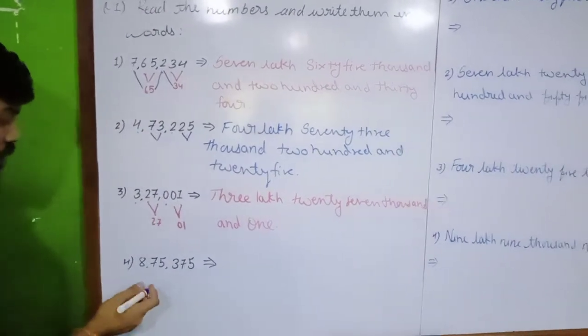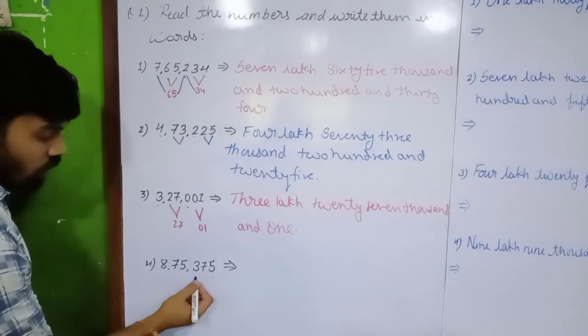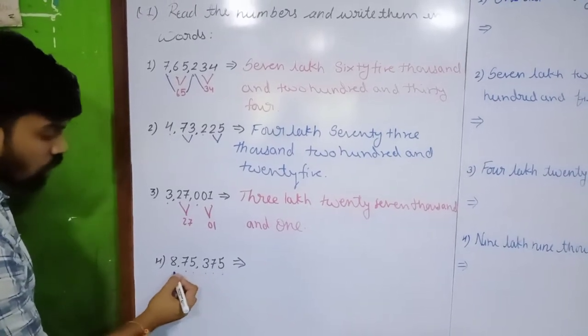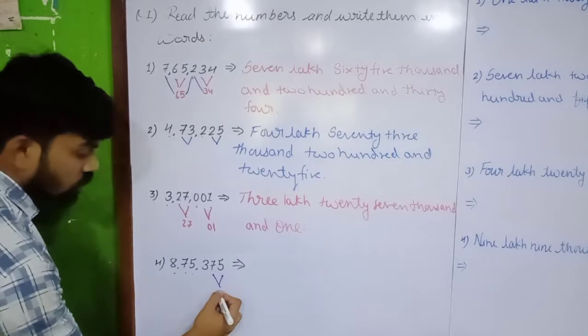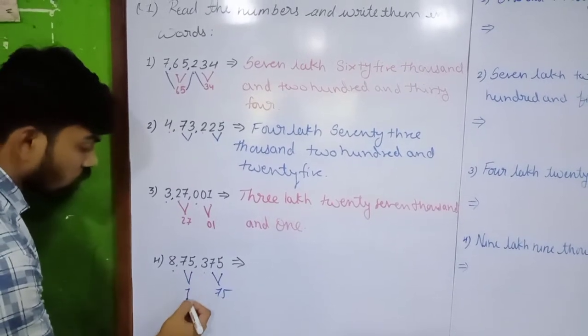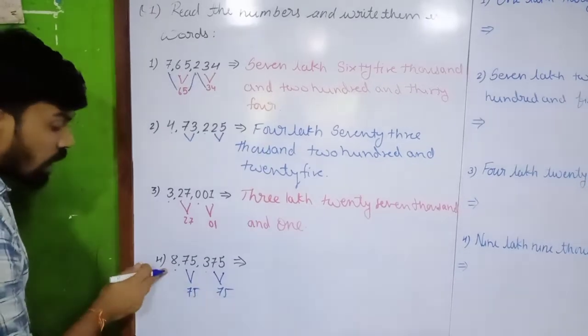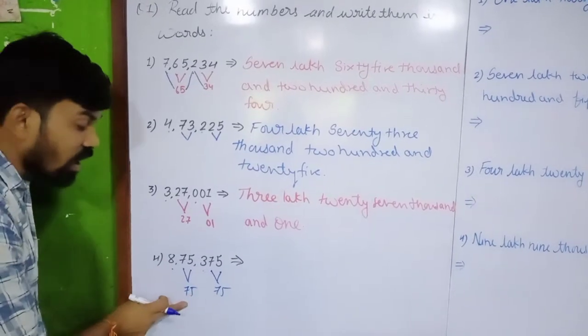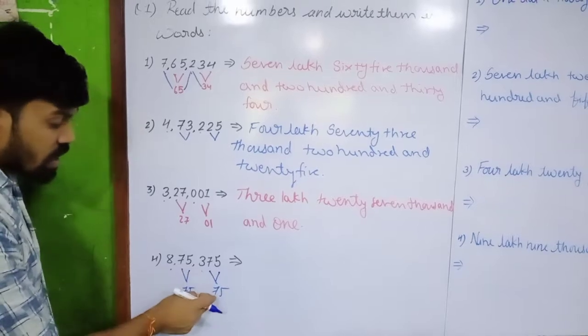The last one, unit, 10, 100, 1000, 10,000, lakh. Again unit and tens together will become 75. 100 individually, 1000 and 10,000 together, 75.